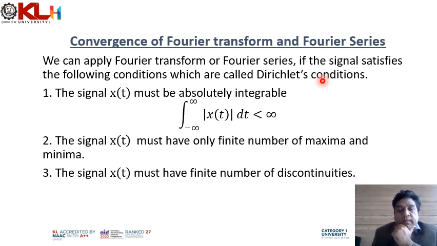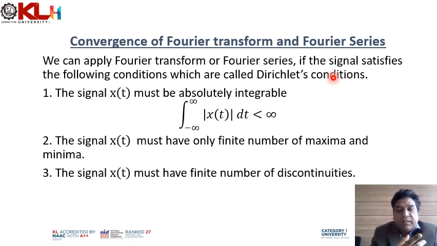For that there are certain conditions which the signal should satisfy, and those conditions are called Dirichlet conditions. These Dirichlet conditions even apply for the Fourier series as well. So for the convergence of the Fourier transform or the Fourier series, the conditions which the signal must satisfy are called Dirichlet conditions.